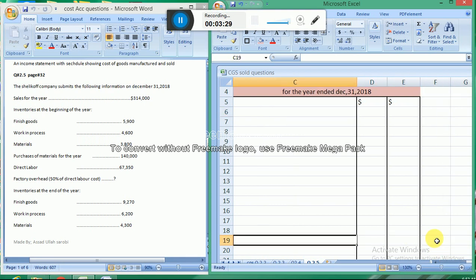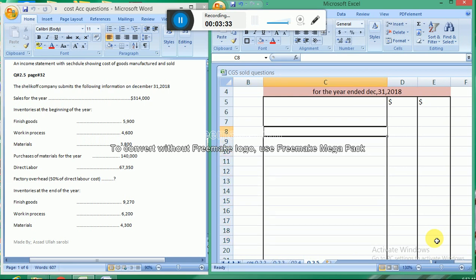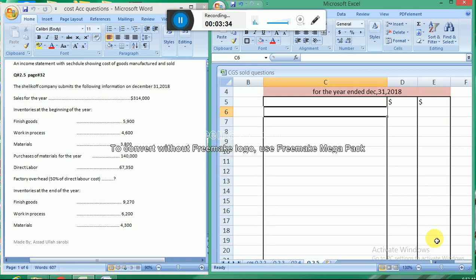As I discussed in my previous lectures, when we start, the first portion of the question is to find the material cost, the exact cost of the material, that is, how much material we used.